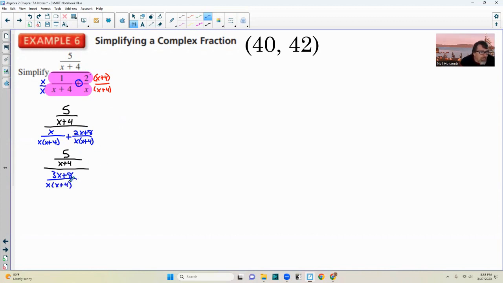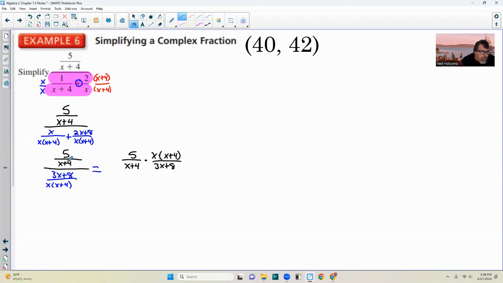Now it's a fraction divided by a fraction. So then I'm going to multiply by the reciprocal. I'm going to still take 5 over x plus 4, but I'm going to switch it to multiplication. And I'm going to put that x times x plus 4 in the numerator, like so, divided by 3x plus 8.